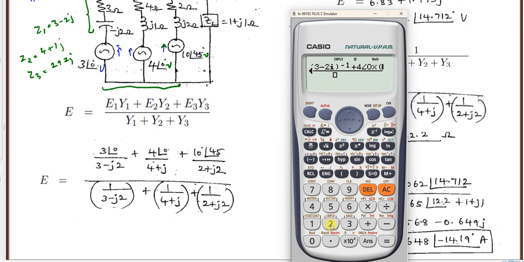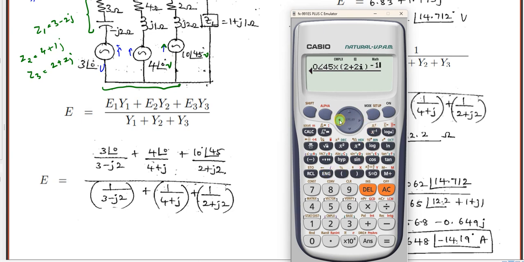So for Z2 reciprocal I am taking inverse: 4 plus 1i, the whole thing inverse, plus the third voltage source, 10 angle 45 degrees into Y3, which is 1 by Z3. Z3 is 2 plus 2j, its inverse.